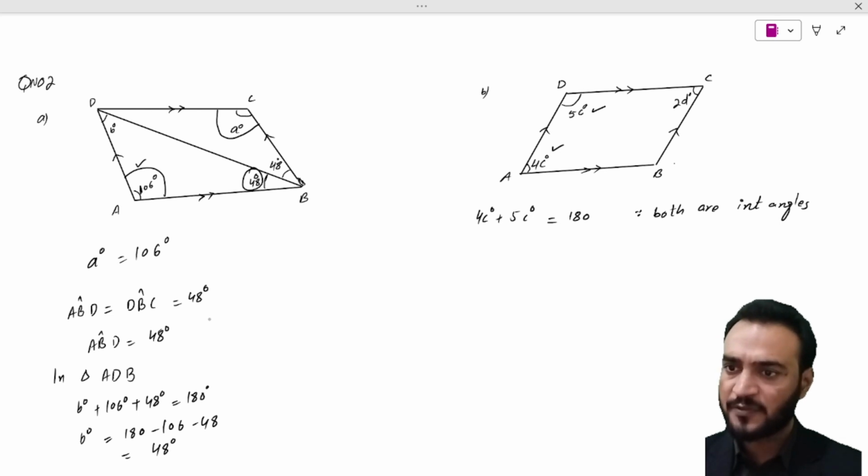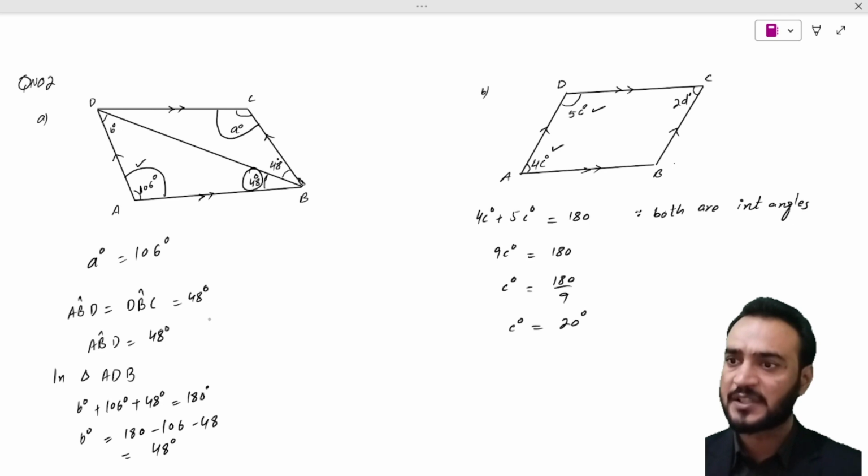It means 5 plus 4, 9C degrees equals 180 degrees. So the value of C degree is equal to 180 degrees divided by 9. So C degree is equal to 20 degrees. This is the value of C degree.